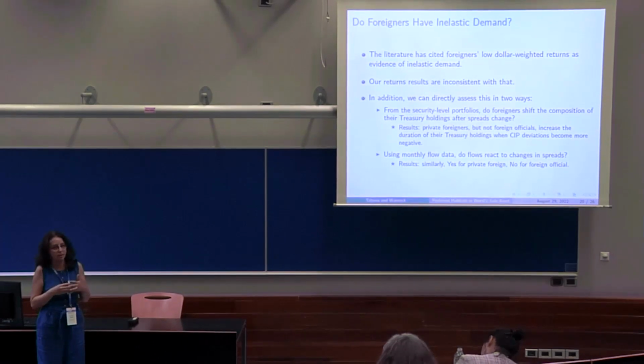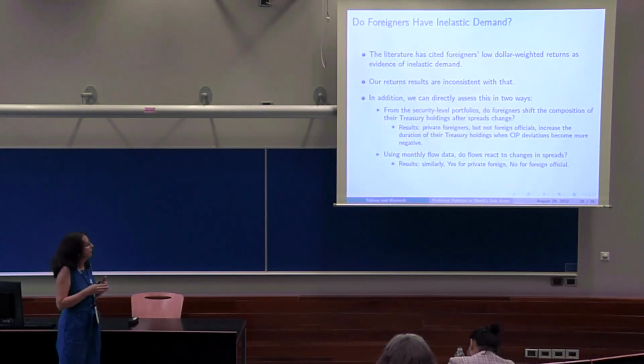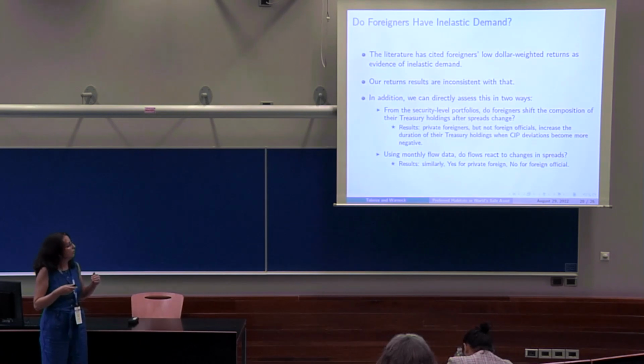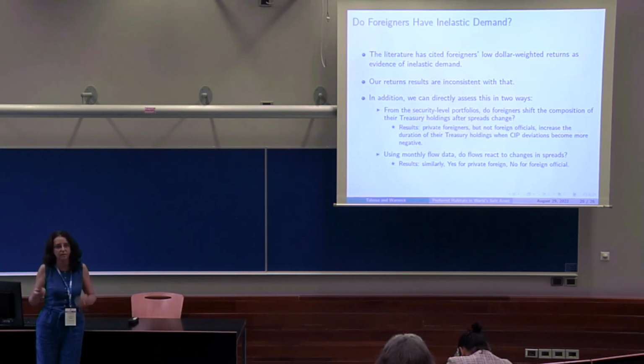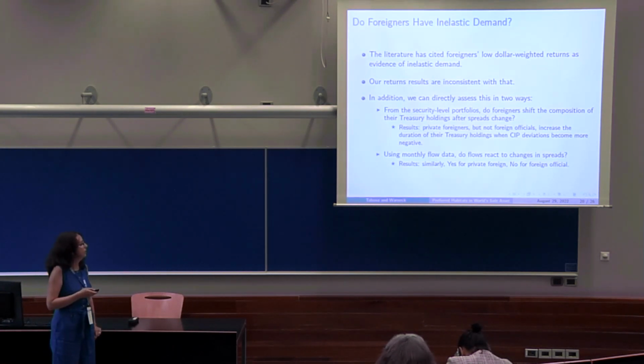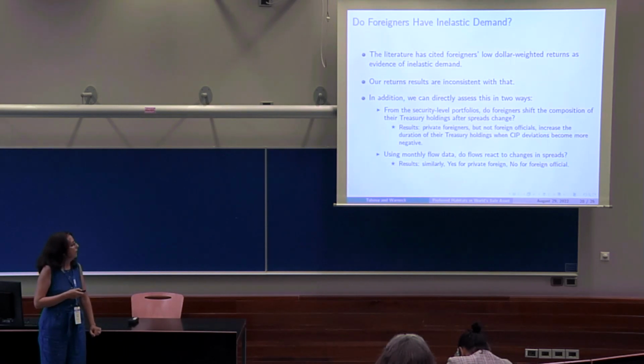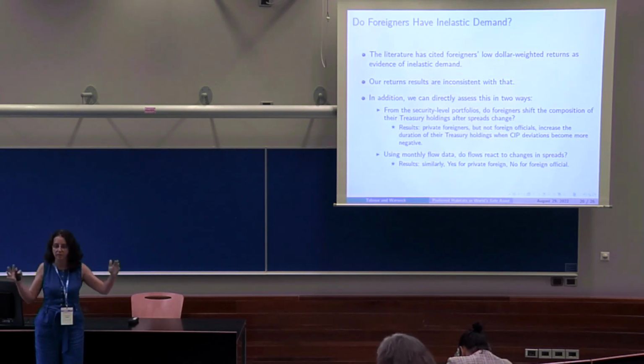What we find is that private foreigners, but not foreign officials, increase the duration of treasury holdings when CIP deviations become more negative, when their foreign sovereign synthetic yield relative to the US yield declines. And as a next step, we use higher frequency data. This is based on security level portfolios, but this is annual data.